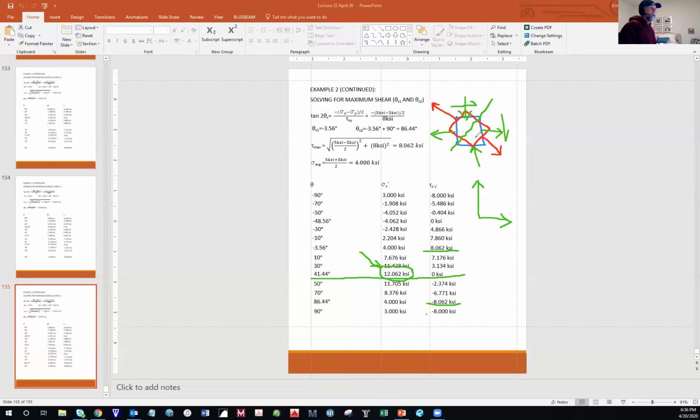Okay. What we're going to do next time, this was the mathematical summation. In this episode of your Netflix show here, we talked about the derivation of transforming stresses. We talked about how to find the transformed stress, and how to find the maximums and minimums of those transformed stresses.